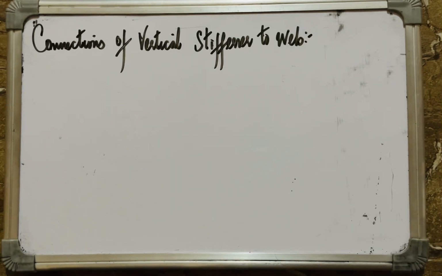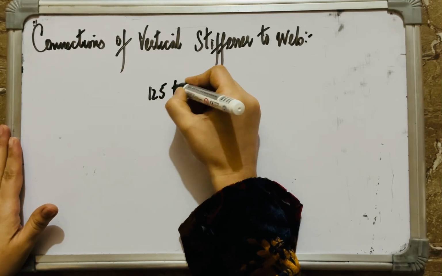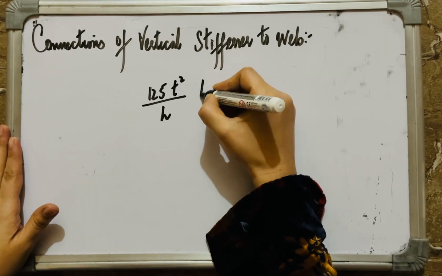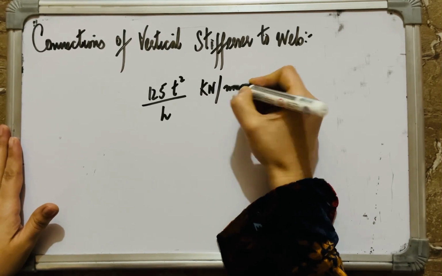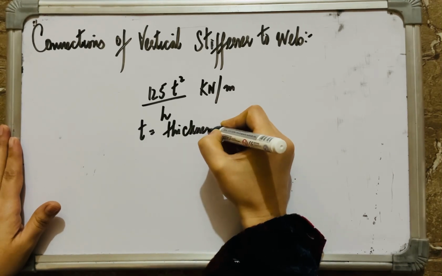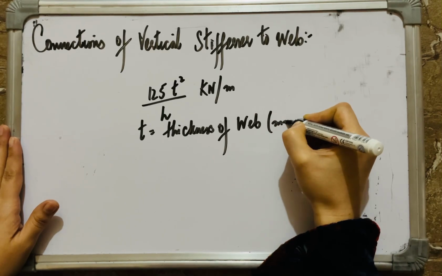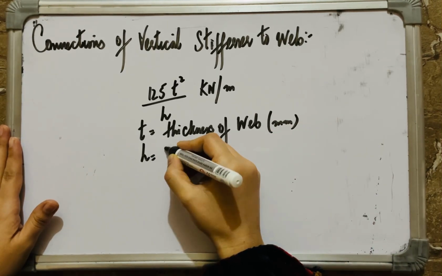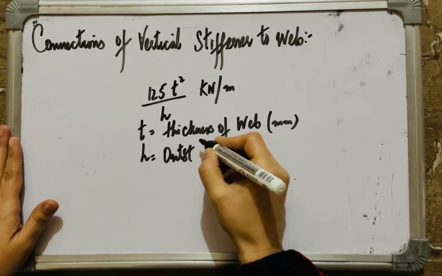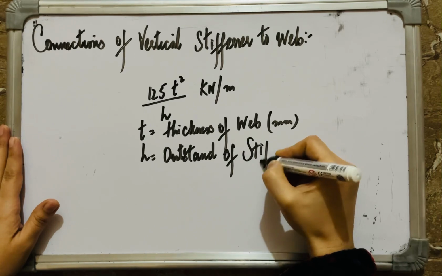Please note down that the connection of the vertical stiffener to web is designed to resist a horizontal shear force of not less than 125 T square by H kilonewton per meter, where T is the thickness of the web in mm, and H is the outstand of the stiffener.